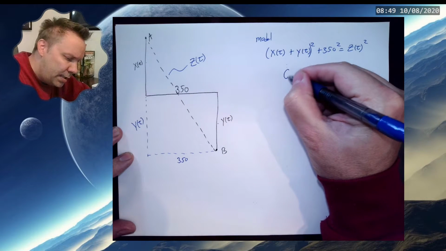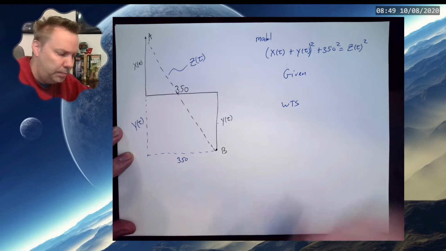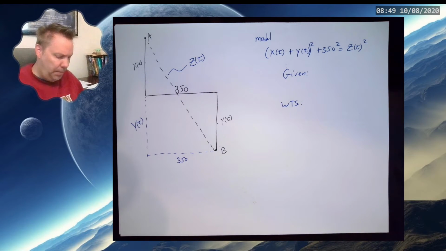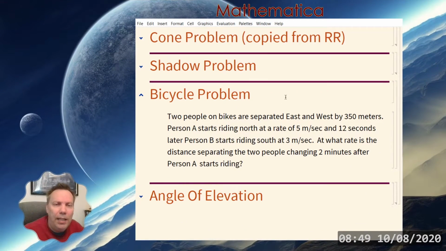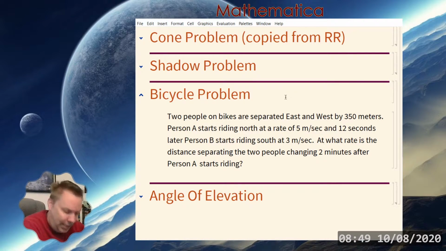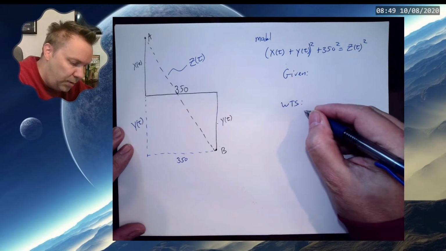So what's given and what do we want to show? Well, in the problem, let me go back really quickly and read it again. It says person A is riding north at 5 meters per second and person B is riding south at 3 meters per second. So I'm going to write that down in terms of some derivatives here.